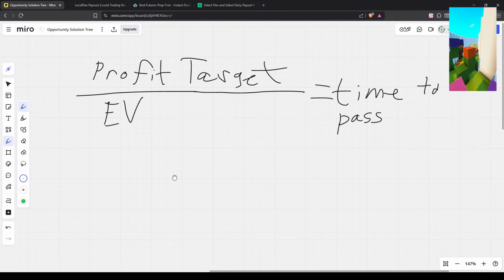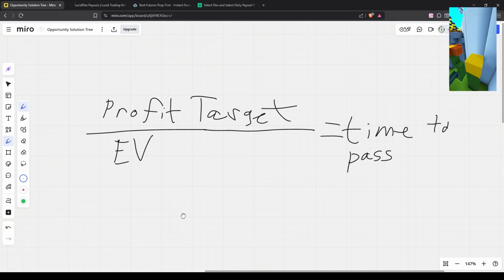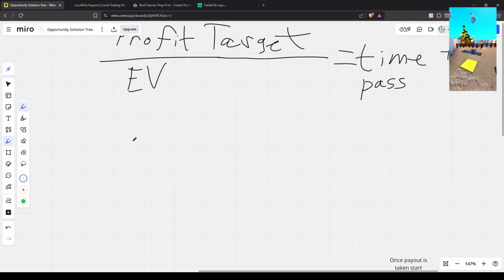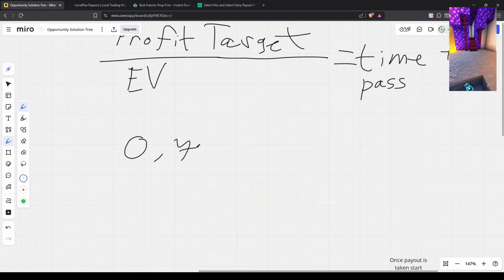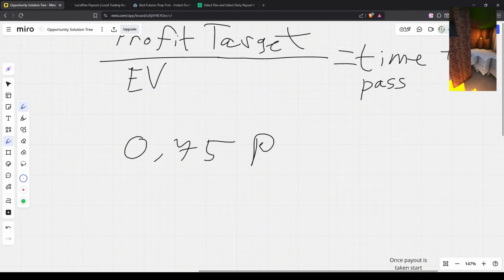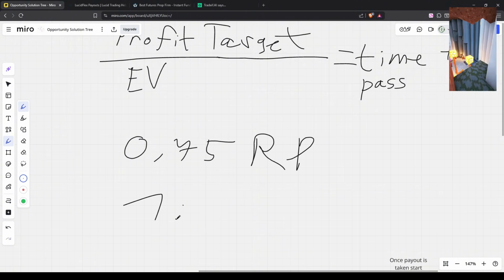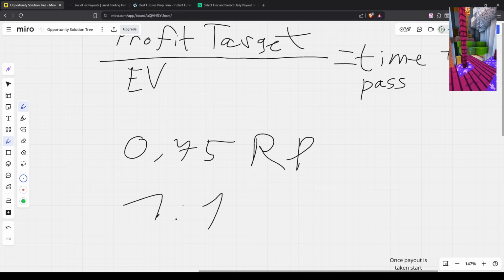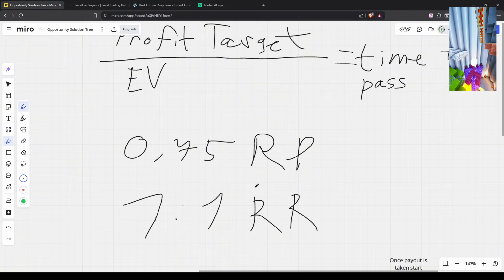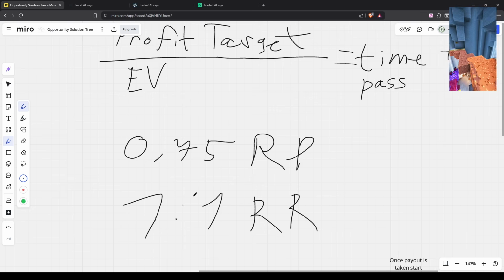So with that said, you should aim for low RR trades. For example, 0.75 RR or 1-to-1 RR will work the best, because you can actually even full port if the consistency target allows it, like with pro accounts on Lucid.